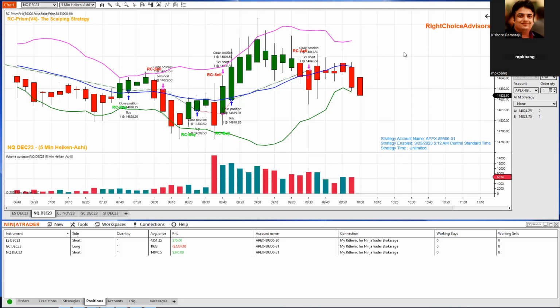But if you got puts, it would have made another $300-400 with some 10 contracts. As I said, it did not touch the upper band, so it went till the middle, and again it is coming down. So $325 on NQ.